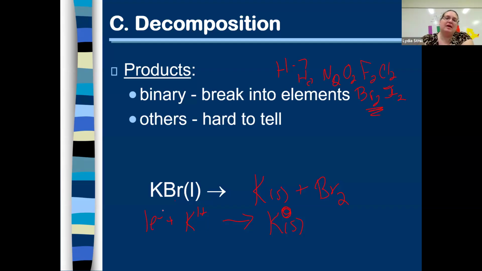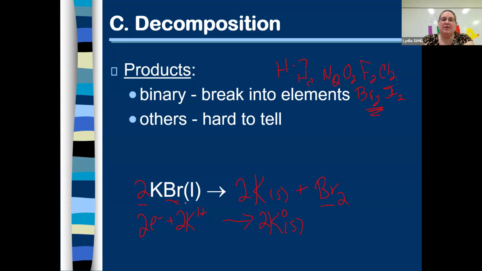But let's go ahead and make sure that we do have the right numbers so that when we're balancing it, it'll be balanced for good. So we have Br2, we have 1 Br, which means I need to put a 2 here, which ultimately means I need 2K. So instead of 1 electron, I have to change all of this to 2 in order to have a balanced equation. So now let's look at bromine.